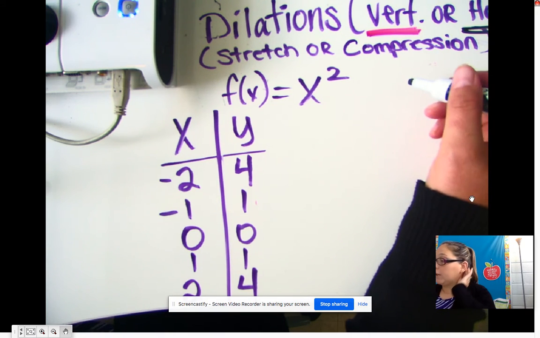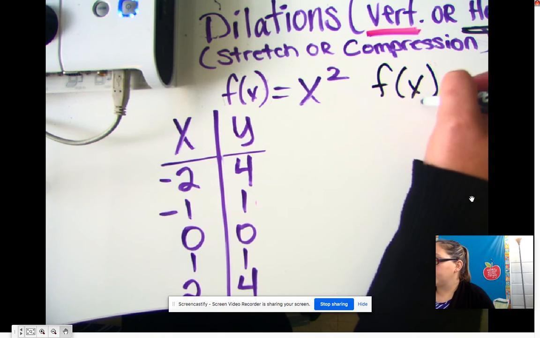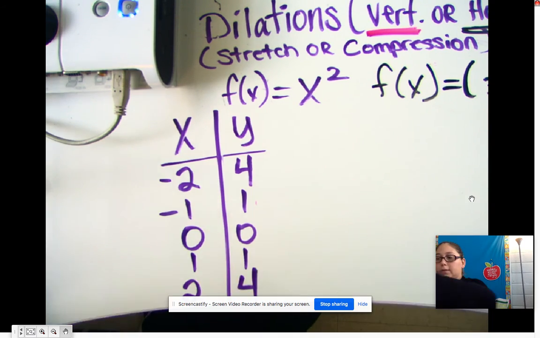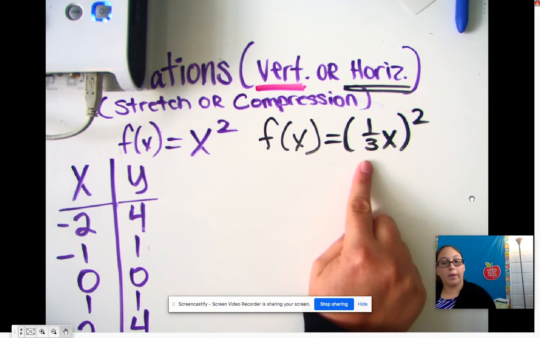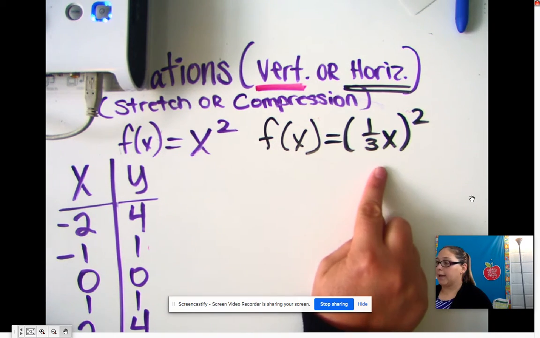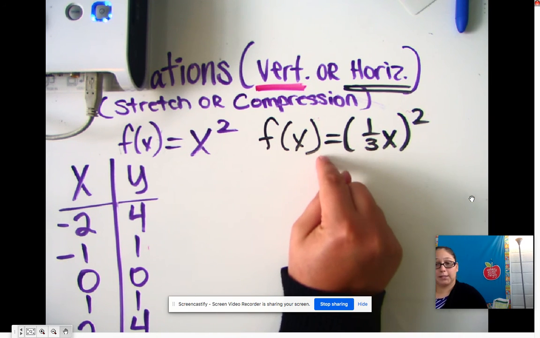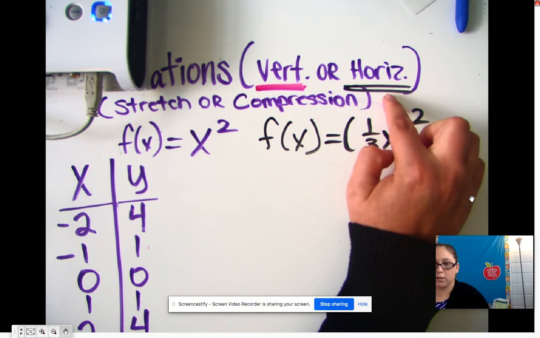So let's say we have something like this: 1/3 x squared. But it is inside the parenthesis. It's not outside. So because it's inside, it's going to be horizontal.